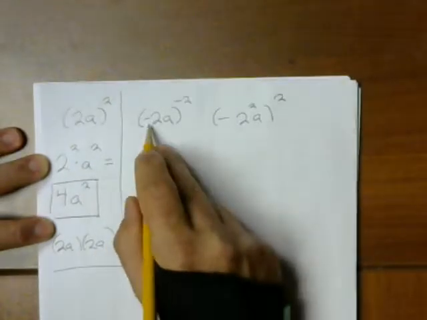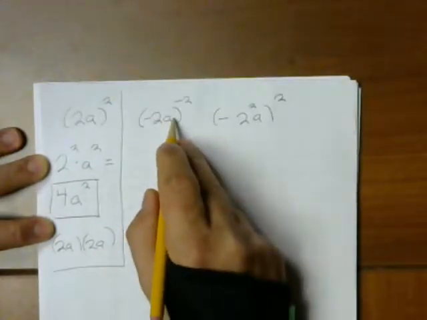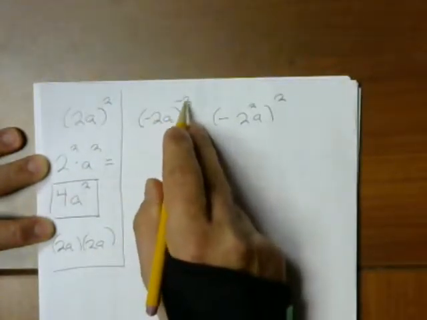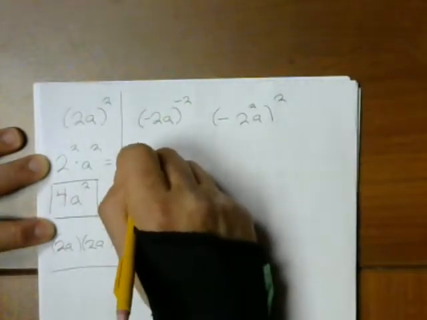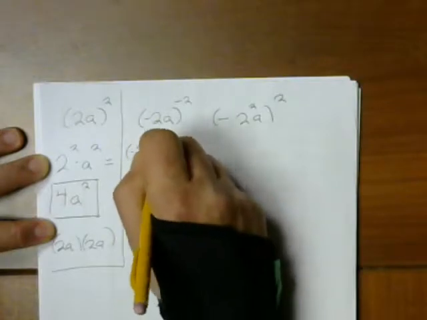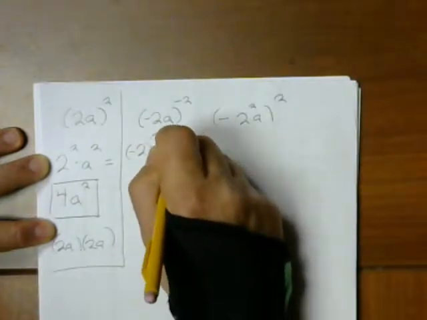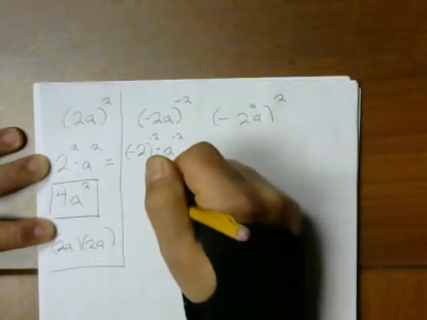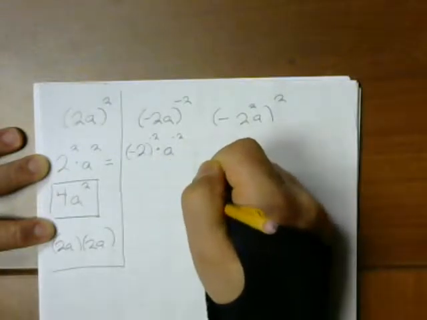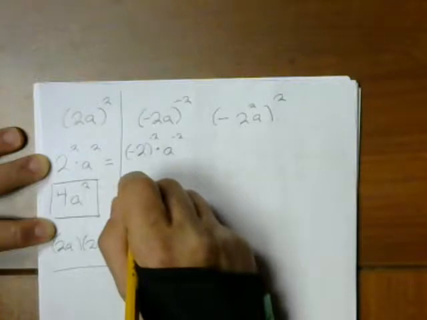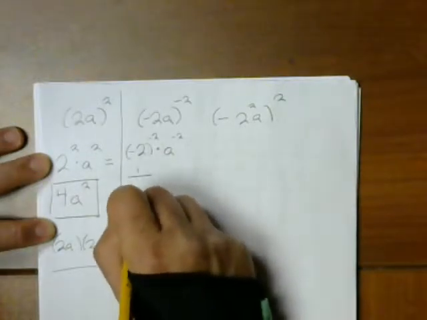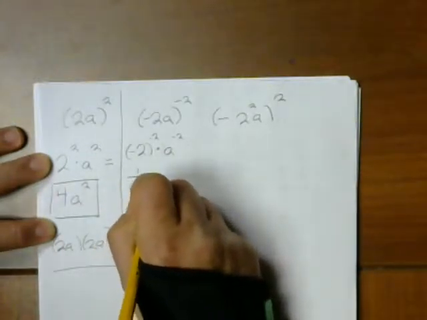Okay, now let's look at this. (Negative 2a) to the negative 2. So what's this going to give us? Well, it gives us negative 2 to the negative 2 times a to the negative 2. Okay, well, negative 2 to the negative 2 is just 1 over negative 2 squared.